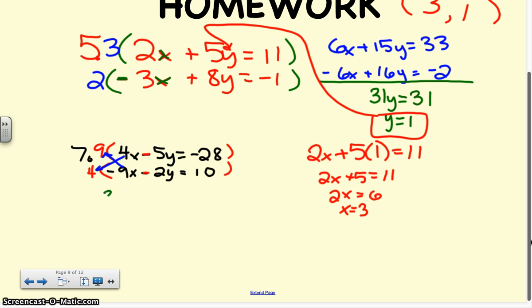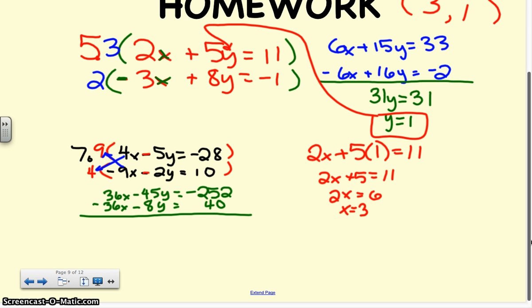Distribute: 36x minus 45y is equal to negative 28 times 9 is negative 252. Using my calc to help me a little bit. Negative 36x minus 8y is equal to 40.